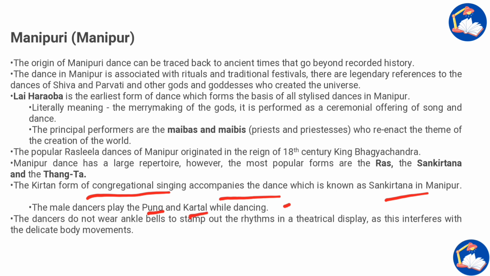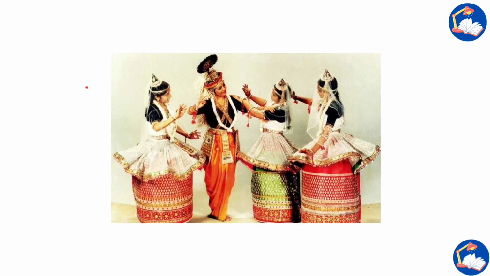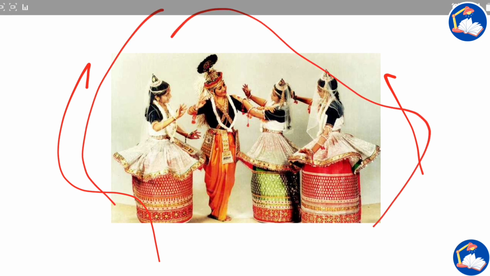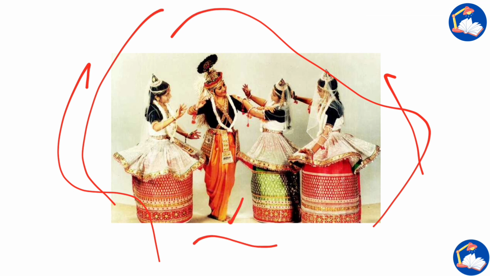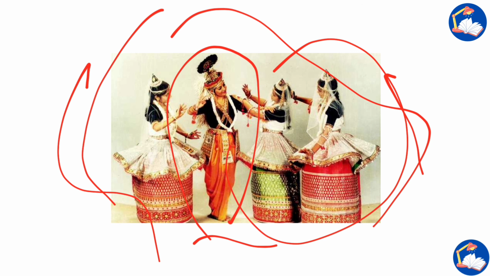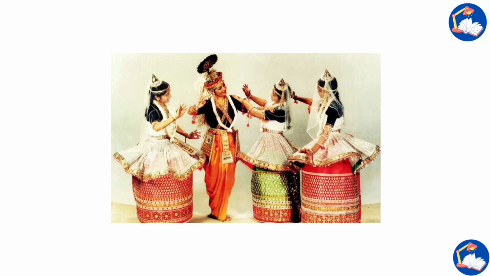The dancers do not wear ankle bells to stamp out the rhythms in a theatrical display, as this interferes with the delicate body movements. I'll show a picture of Manipuri dance. So this is the image of Manipuri dance. Krishna and the Gopis are enacted in this figure. Here we can see Krishna in the middle with Gopis on both sides.